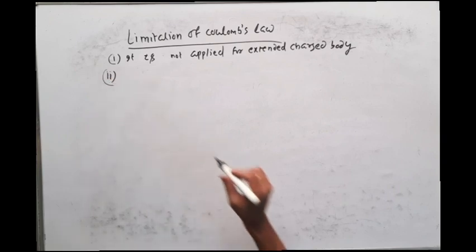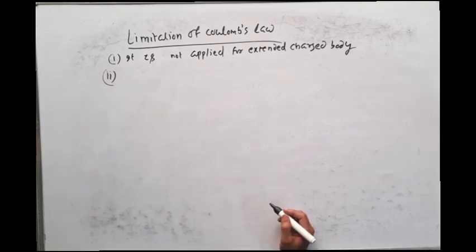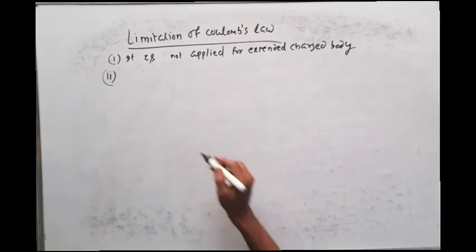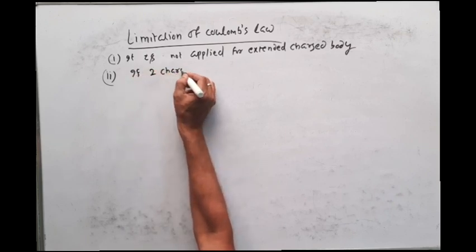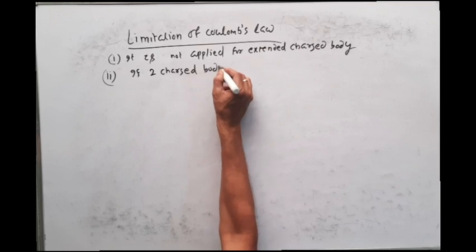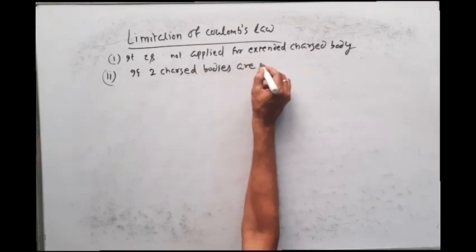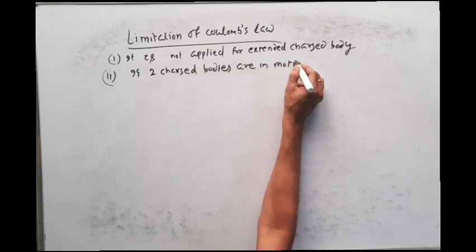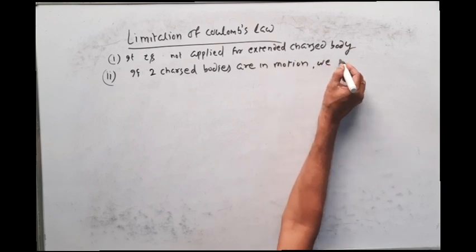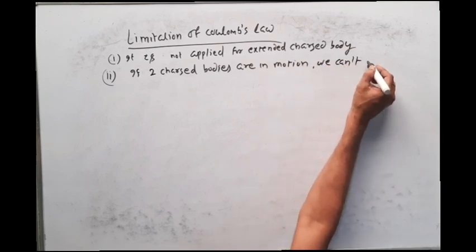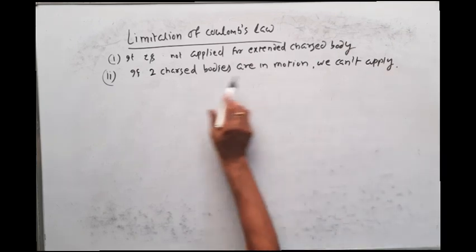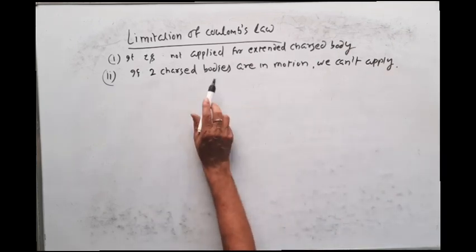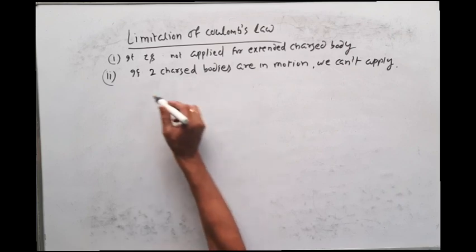Second limitation is that if two charged bodies are in motion, we can't apply which law? Coulomb's law. So Coulomb's law is not applied to two charged bodies when they are in motion.